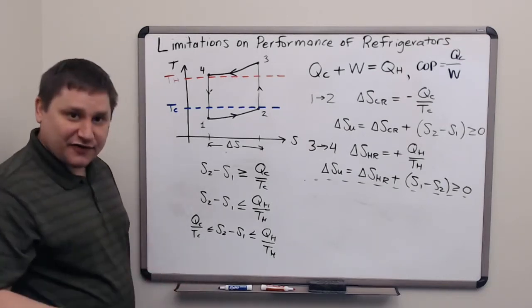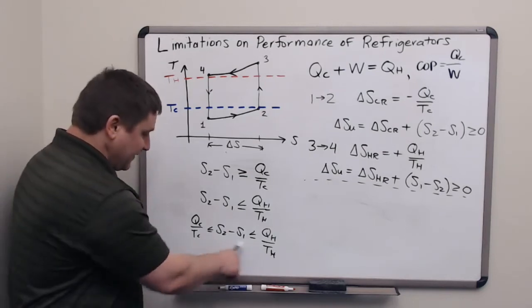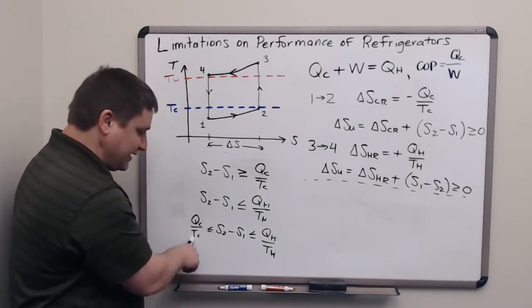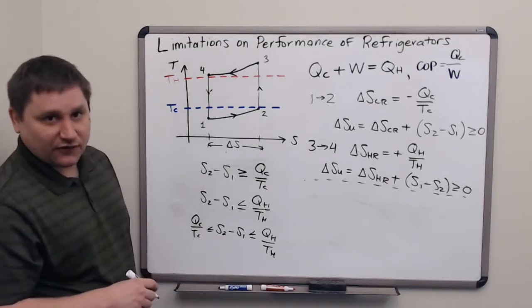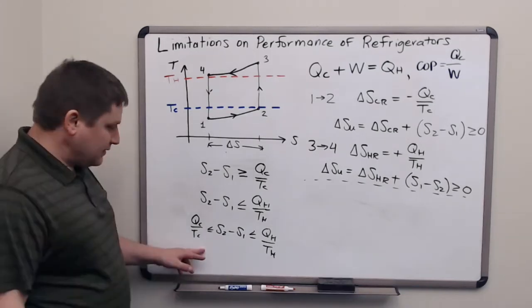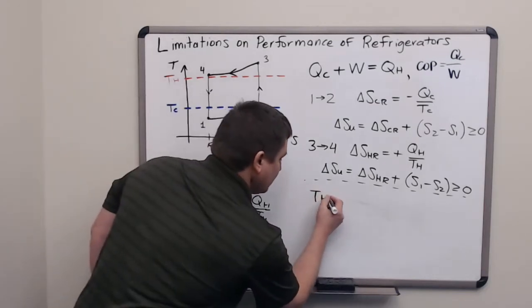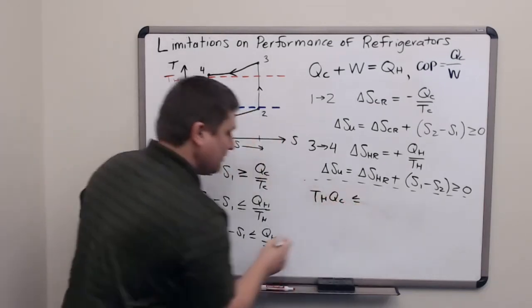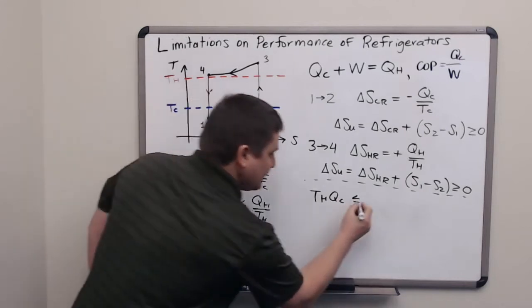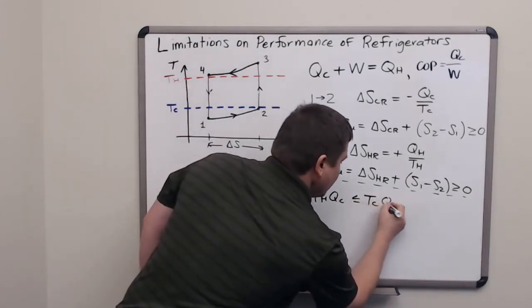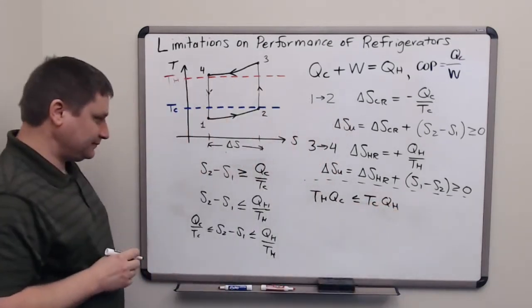For any other refrigeration cycle, there's some difference between QC over TC and QH over TH. This inequality clearly implies that TH times QC must be less than or equal to TC times QH.